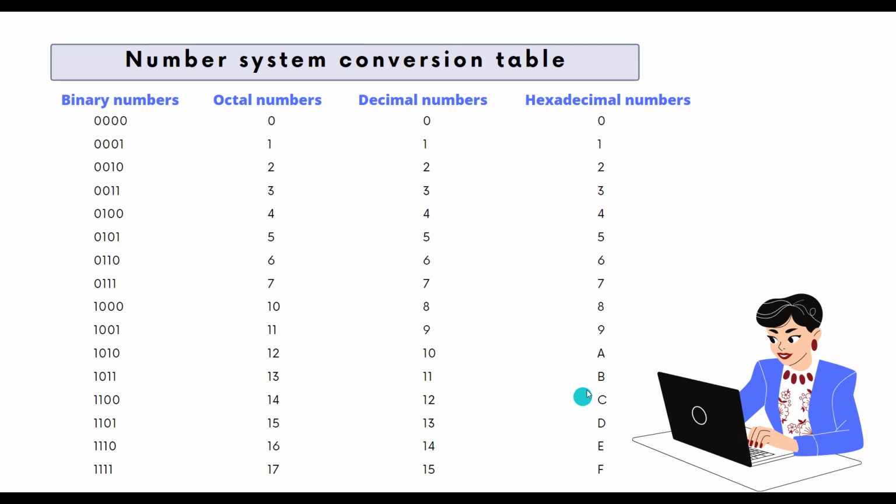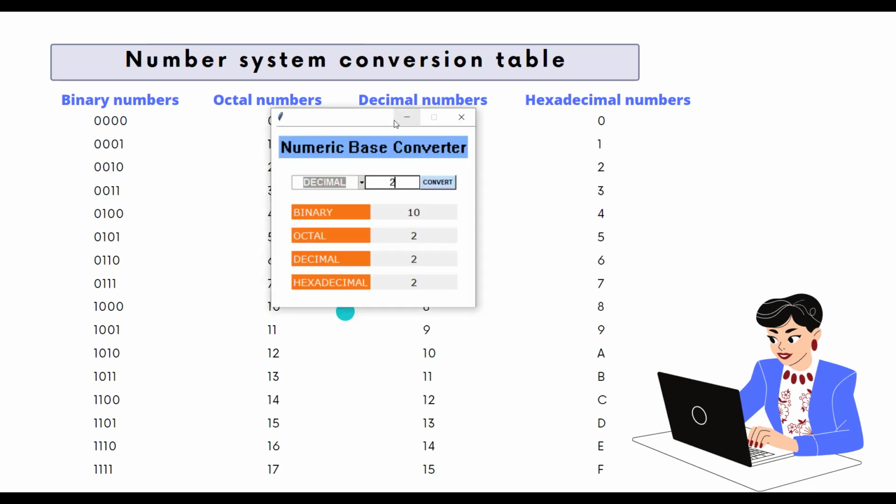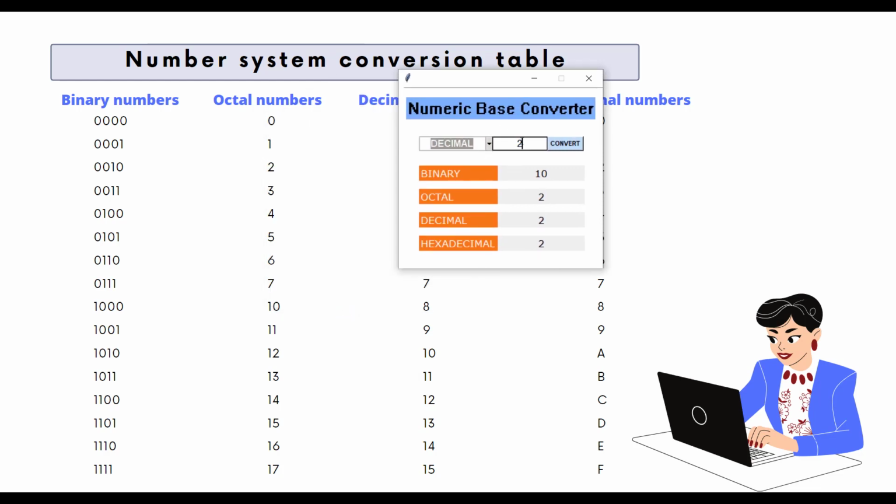And now let's give, for example, the decimal number as 10. So just give decimal as 10, and if you click on convert again, hexadecimal is giving lowercase. We need this in uppercase, which is capital A, capital B, right? So we have to change this to uppercase.